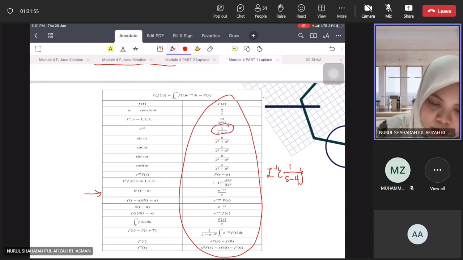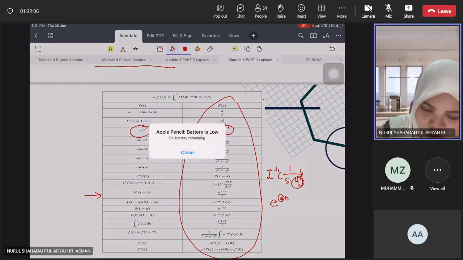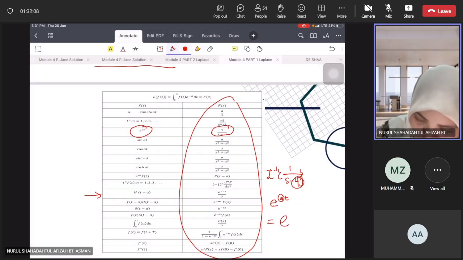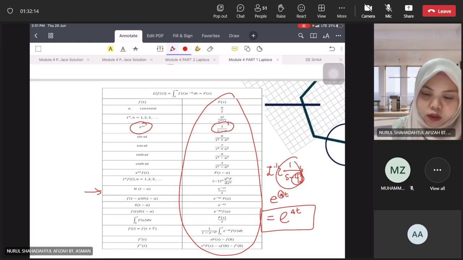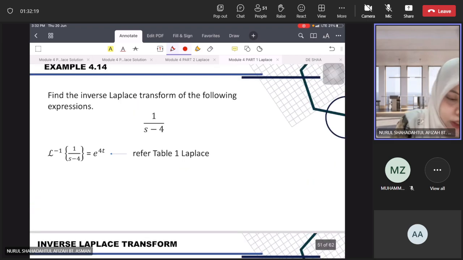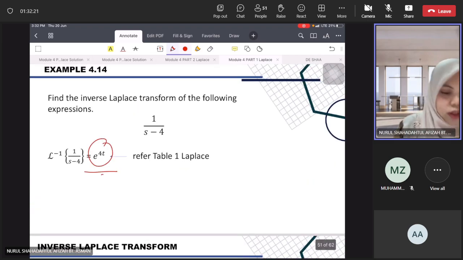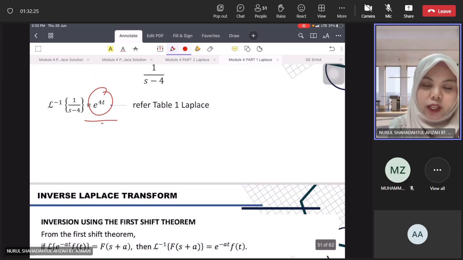So this one, right? So it should be negative AT. So our A here is 4. So you get your answer e to the 4T. So this is the inverse Laplace for this function, e to the 4T. You can see, okay, you get the same answer. Easy, as long as you refer to the table.